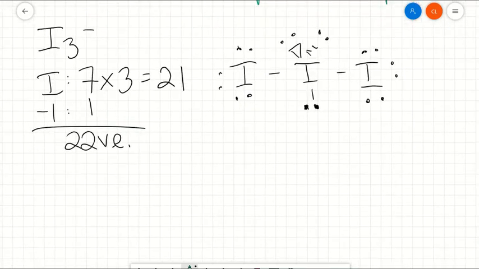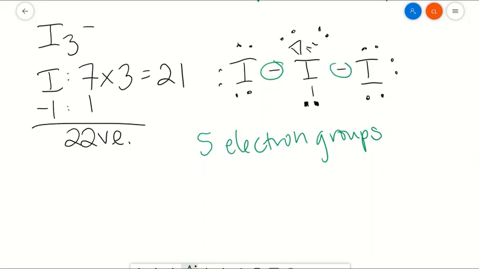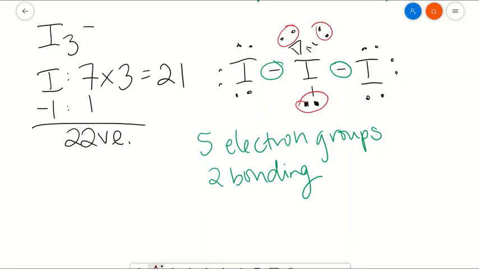Now we are going to count the same things that we've been counting. Remember, we're just looking at the central atom when we're counting up the electrons around it. We have 5 total electron groups, so steric number equals 5. How many are bonding? 2 bonding. How many lone pairs do we have? 3.